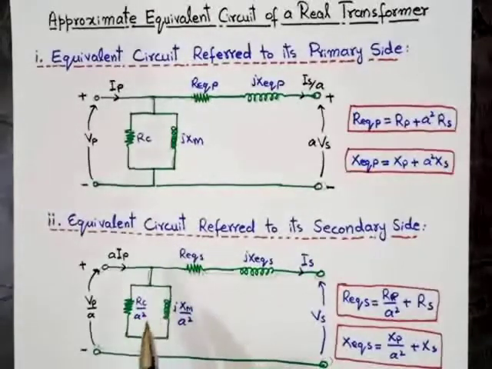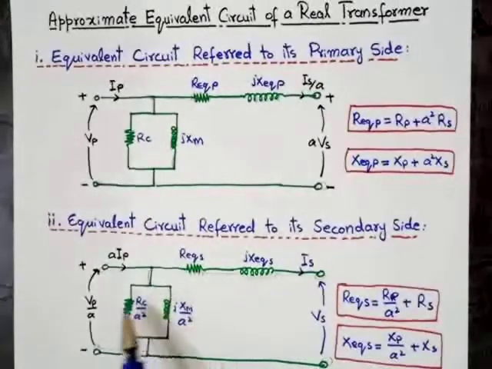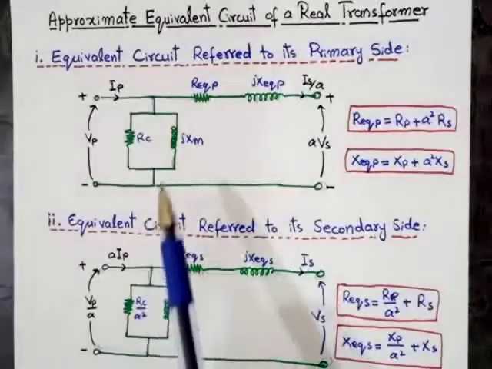Now it is still difficult to solve this circuit to find the overall impedance, because the effect of this branch is very minimal or nearly zero. So we can neglect this branch in the equivalent circuit, because its effect on the overall impedance is very small, nearly zero.